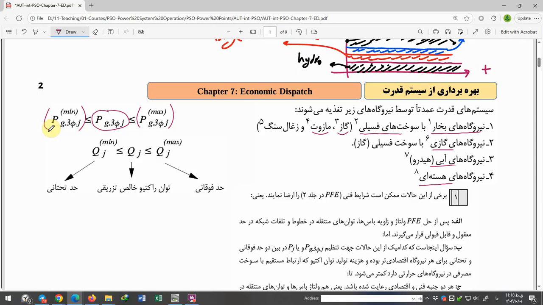The generators cannot generate zero power, and they cannot generate more than the maximum limitation of their construction. This limitation is about the active power, and this limitation is about the reactive power.